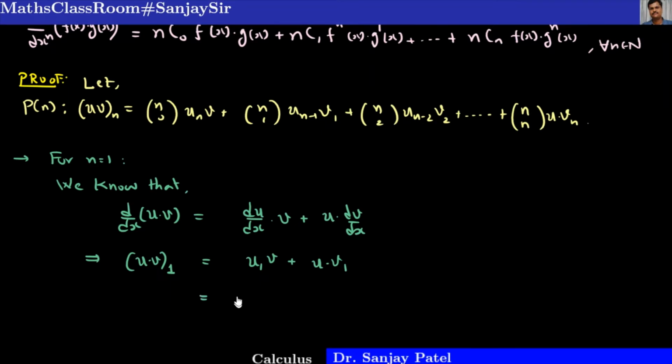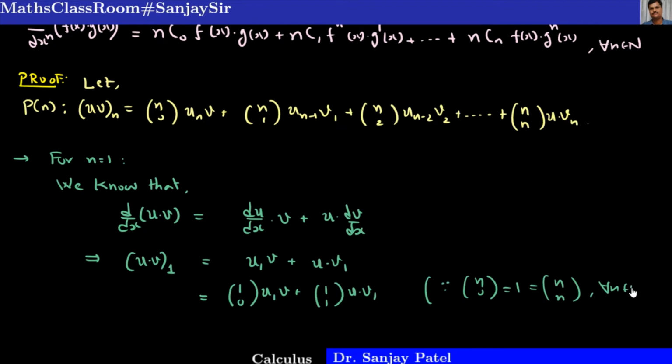And now in the required notation, I can write 1C0, because 1C0 is 1, and 1C1, because 1C1 is also 1, because we know that nC0 and nCn are always 1 for every n belongs to N. And this is the required result for n equal to 1. So the conclusion is the result is true for n equal to 1, means P(1) is true.